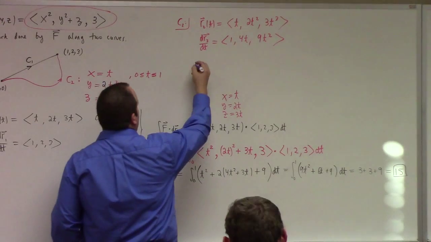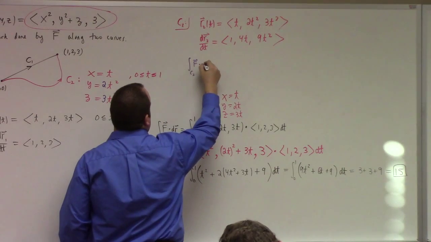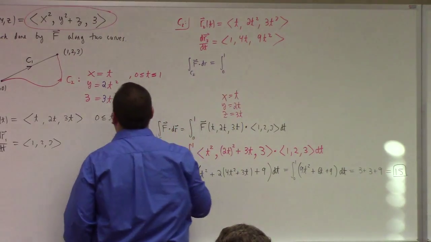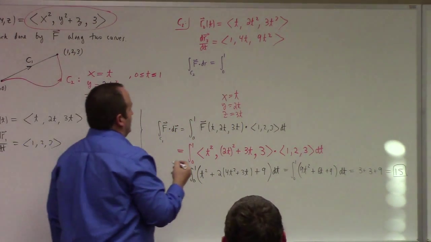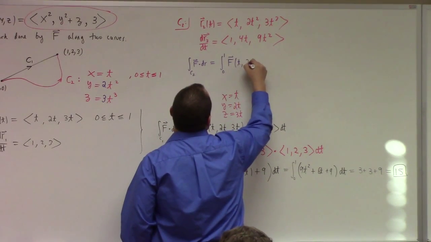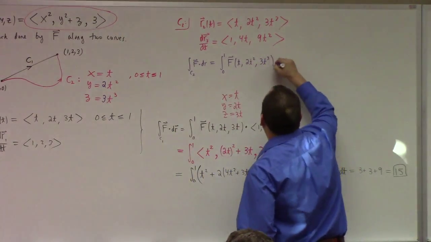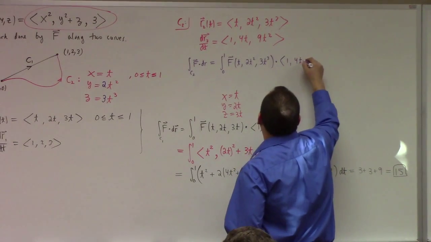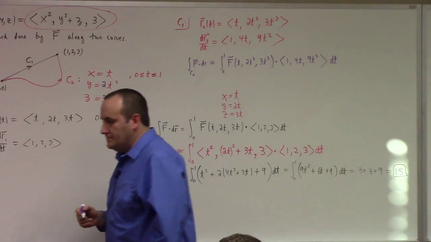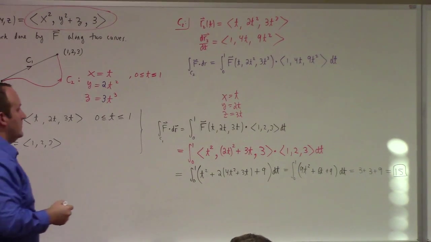Integrate along C2, F dot dr, the line integral. What do I get? Integrate from 0 to 1 again. And I have to do F of (t, 2t squared, 3t cubed), dotted with (1, 4t, 9t squared). All right, so what is that?